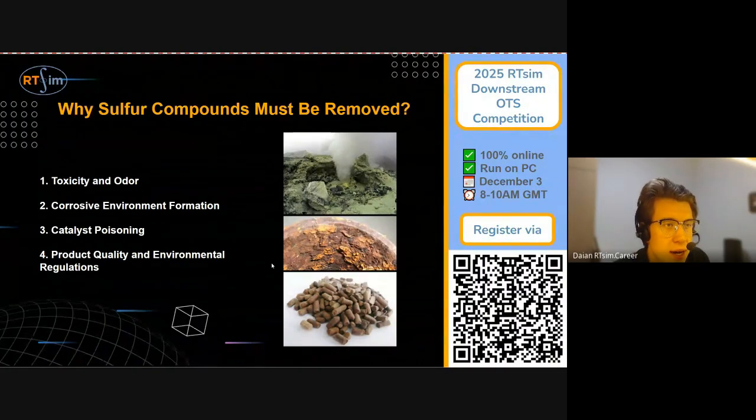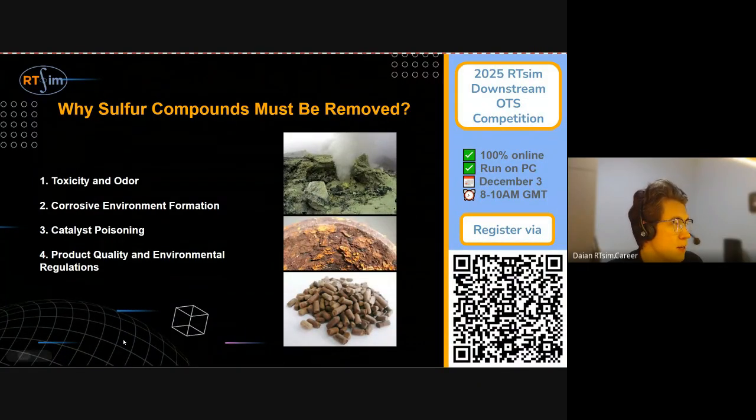You can see the corrosion on pipelines in the second photo. And in humid conditions, sulfur compounds form corrosive environments that damage process equipment.